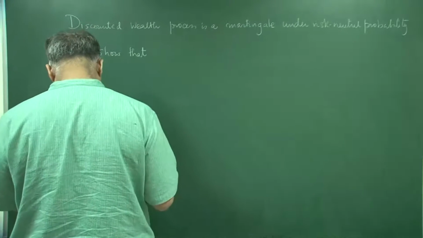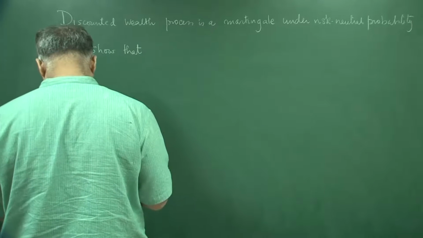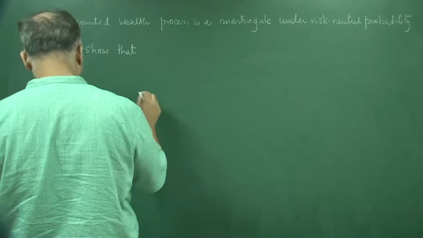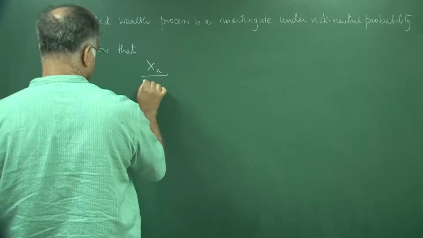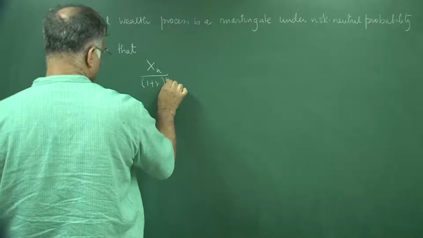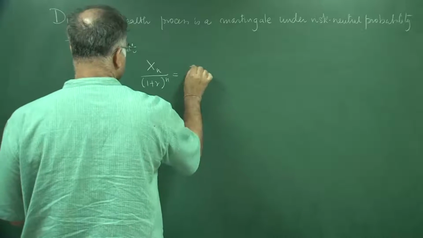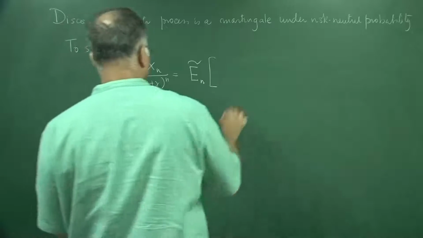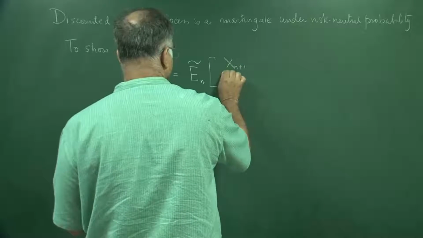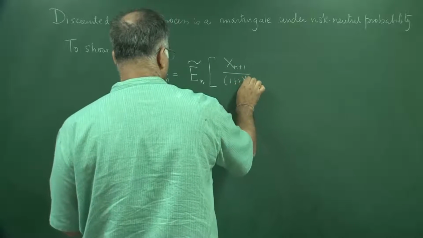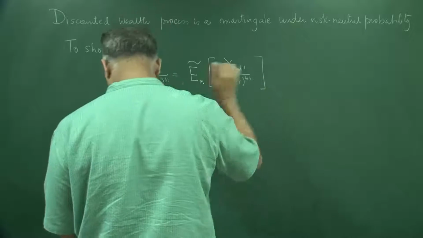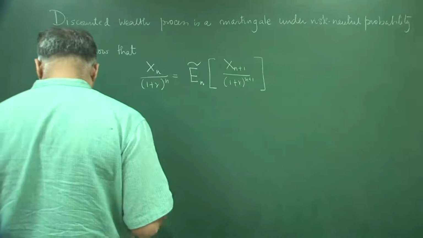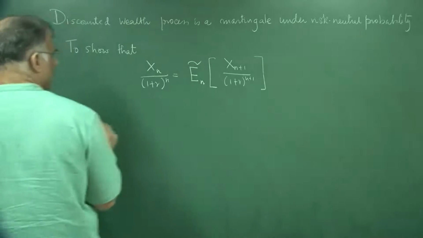This is a very important pricing formula. So, we will come to that. We will show that Xn. So, how do we do anything about it? Let's start looking into it. So, the proof.